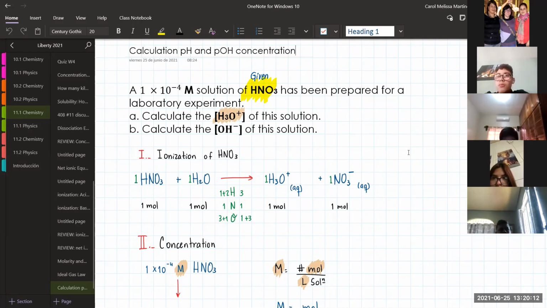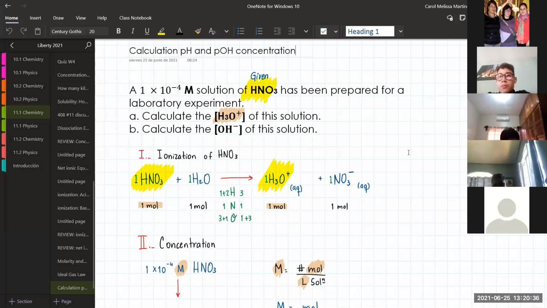My nitric acid here against my hydronium ion over there. So when I relate the two of them, I can obtain the molar ratios. The molar ratios are 1 mole of nitric acid produces 1 mole of hydronium ion. This is what we know as the molar ratios.